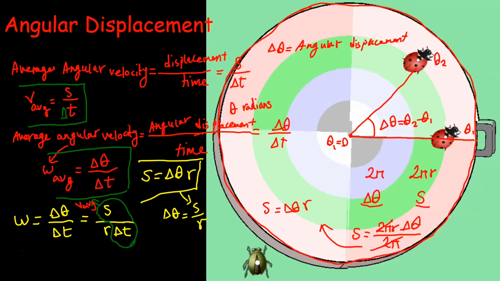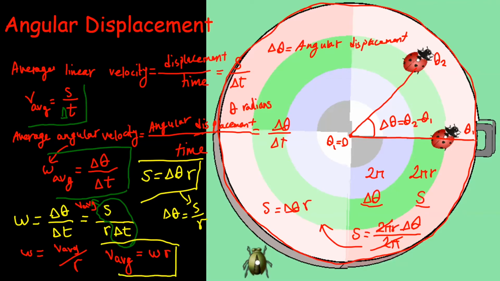So I can say omega is equal v average divided by r, or it means average linear velocity is equal average angular velocity times radius. So this is the other formula that we got.